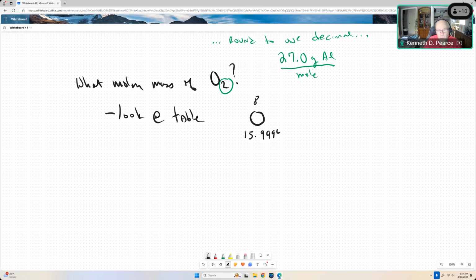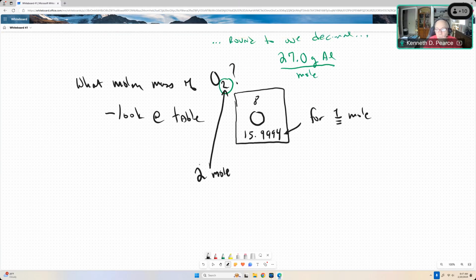I'm actually looking at my periodic table and this is what I see. And remember, this is for 1 mole. What do we see up here? 2 mole. Okay, what do we see up there? 2 mole.